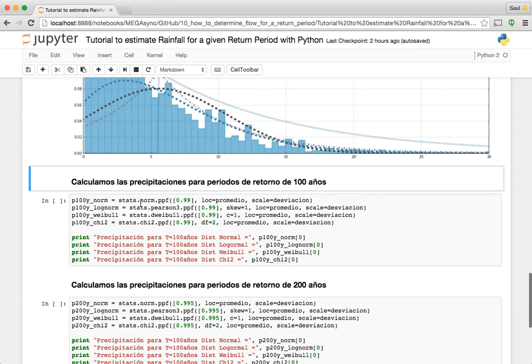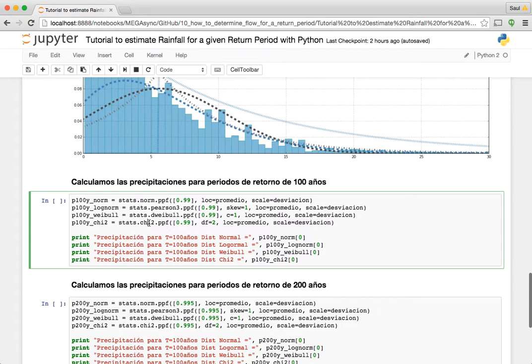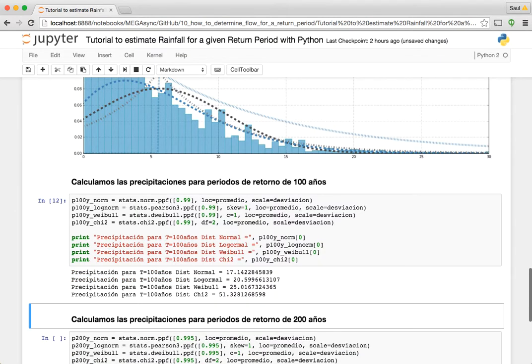So this comes from SciPy. Yep, and it does it for the normal distribution, for the log normal distribution, for the Weibull and chi-square, and these commands are the ones that print them. So if you see, if we select different distributions, we have different values.